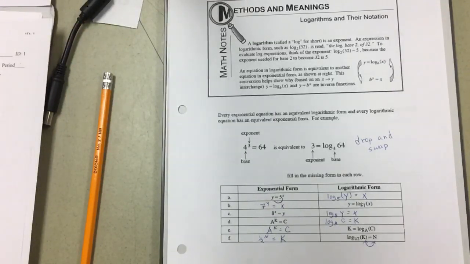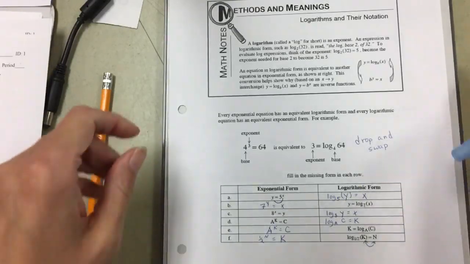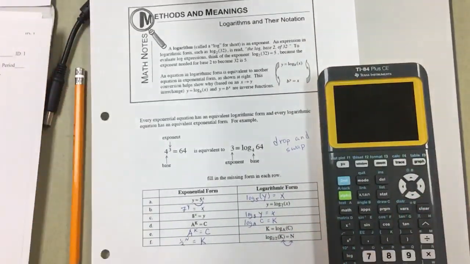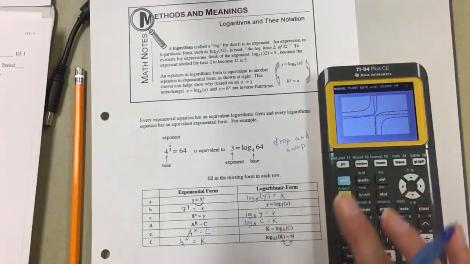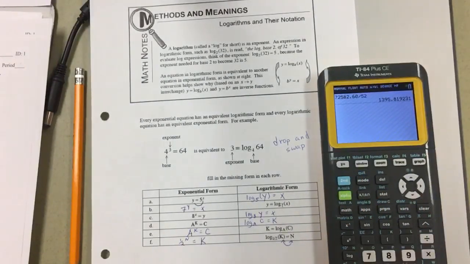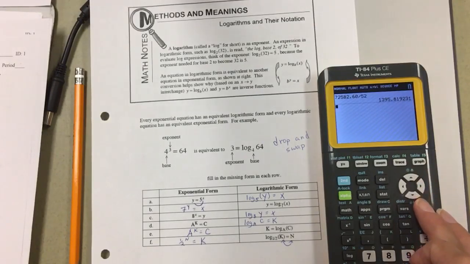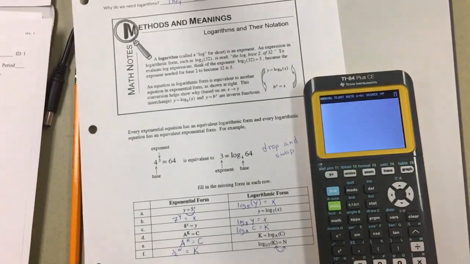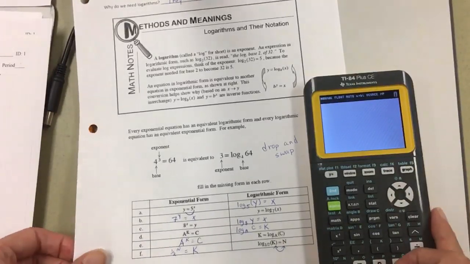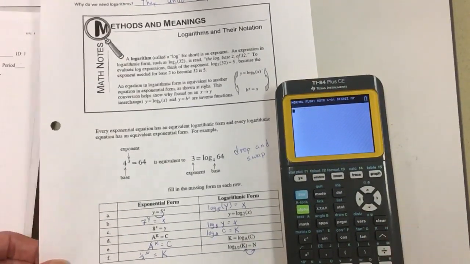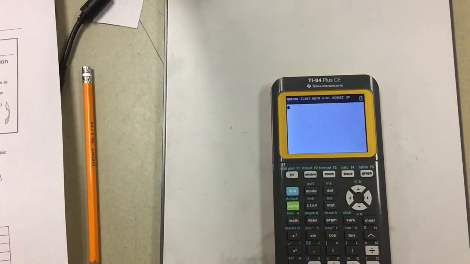The next thing I want to show you is if you have to put it on the calculator, how do you do that? I don't have notes for that, but I'm going to show you real quick how to do that. I'm going to put the calculator here, and let's say I wanted to put log base anything.